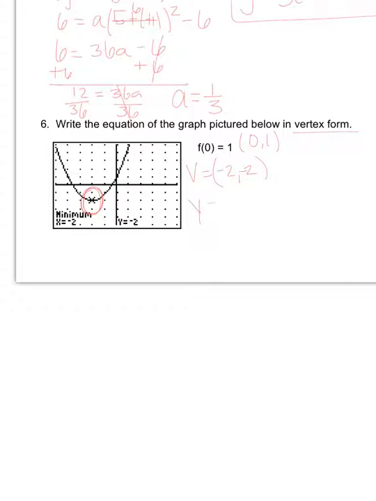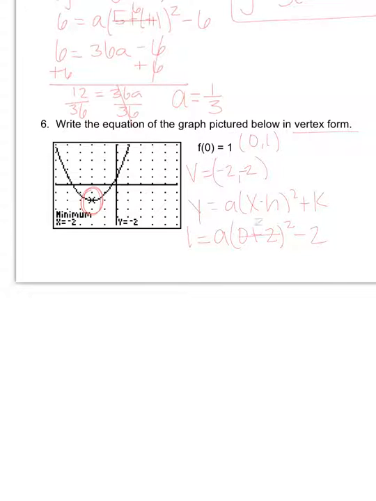So we're plugging into vertex form. So y is 1, a we don't know, x is 0, minus your h, which is a negative 2, so that will make it plus 2 squared, and then minus 2.